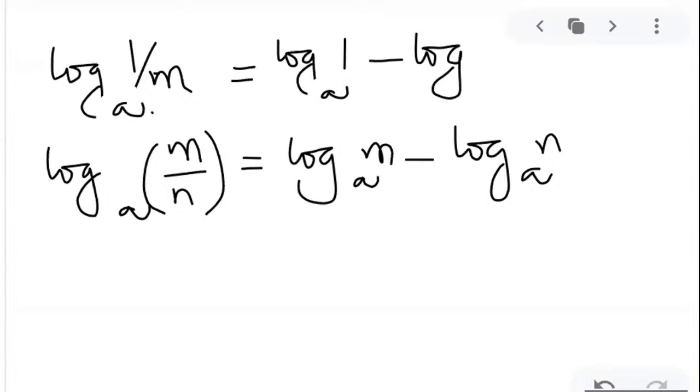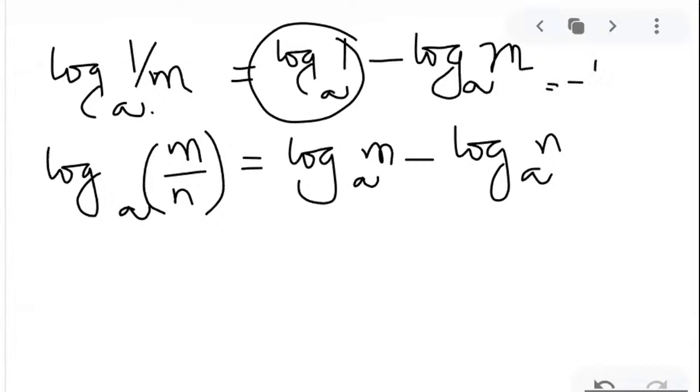Minus log m base a, right? Yes, ma'am. So what did we say? Log 1 is 0. So that is equal to minus log m base a.